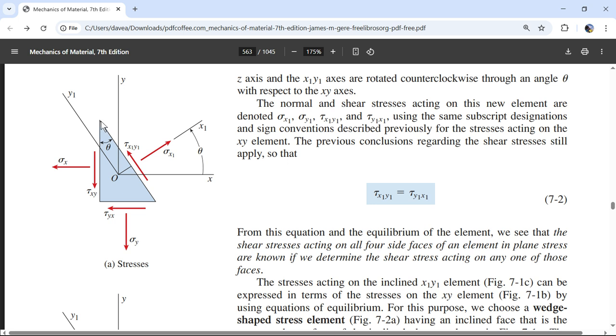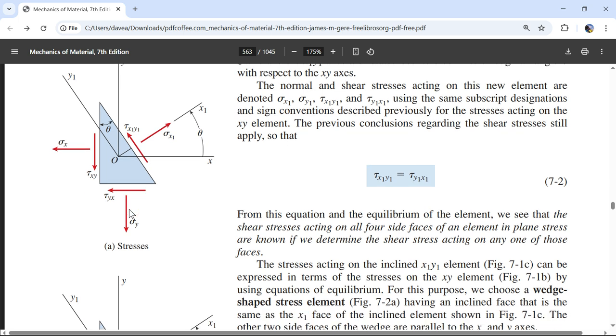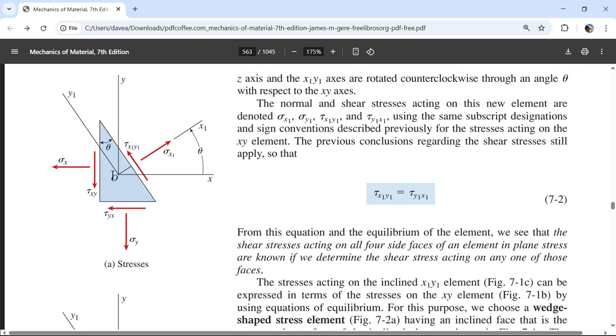And so I could say the tangent of this angle is this length that I'm trying to find divided by 1. The tangent of this angle is this length divided by this length.